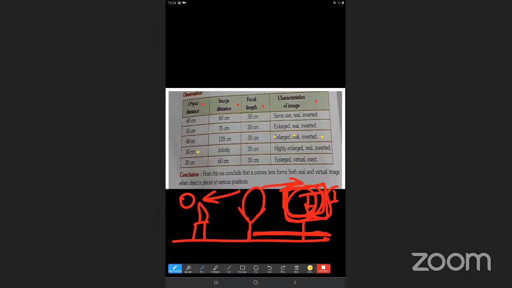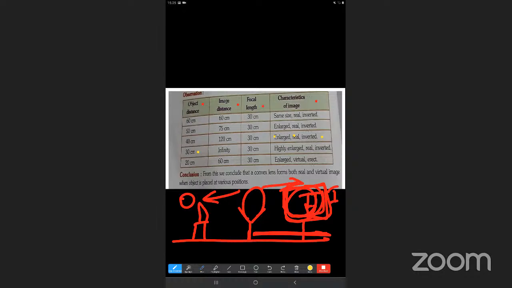Right? So here, the image will be formed on the same side of the lens. That means here, continuously the object distance is decreased.